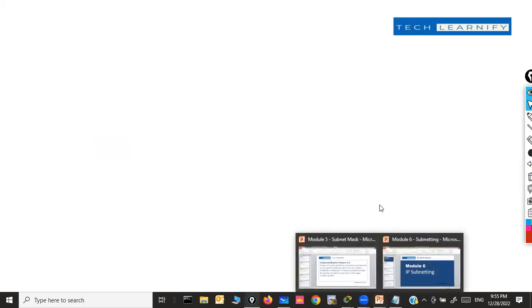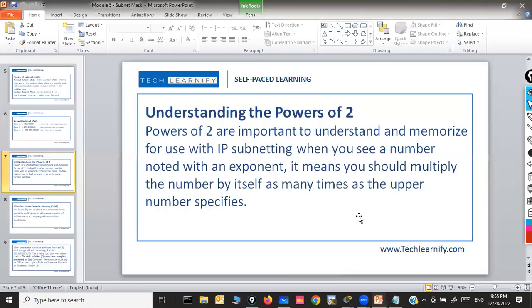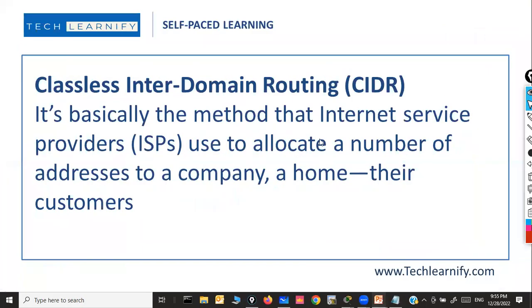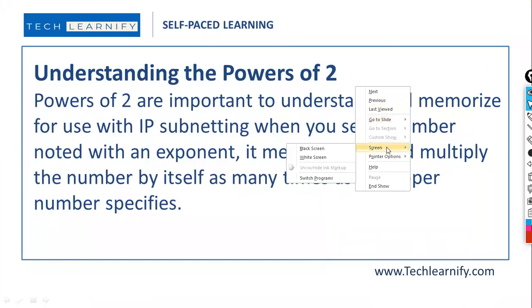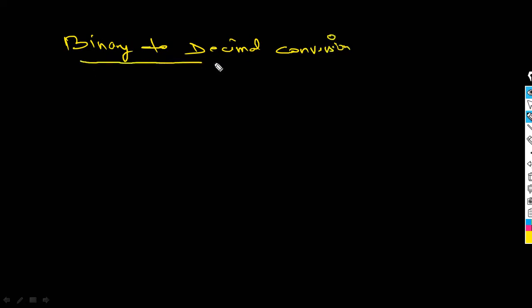And really it's very, very important. Now let me stay on this page. If I have written any decimal value or binary number, let's say first binary to decimal conversion without using a calculator.